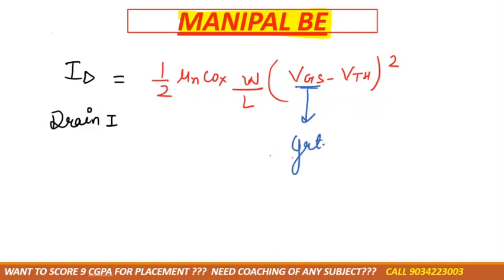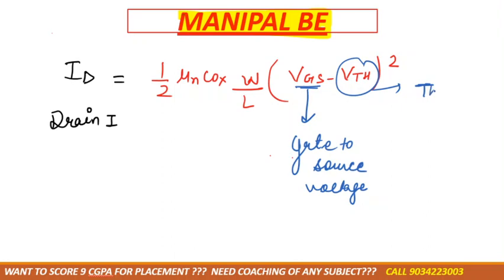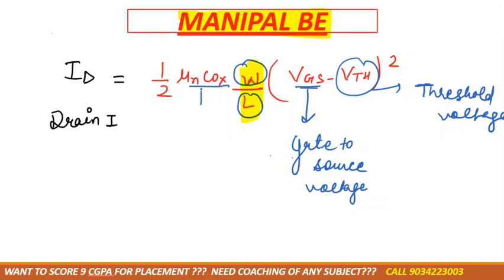VGS is the gate to source voltage. VTH is the threshold voltage. W is the width, L is the length. 99% of the time they'll give you this value W by L exactly. Next, mu n and COX are constants. They'll give them to you every time.